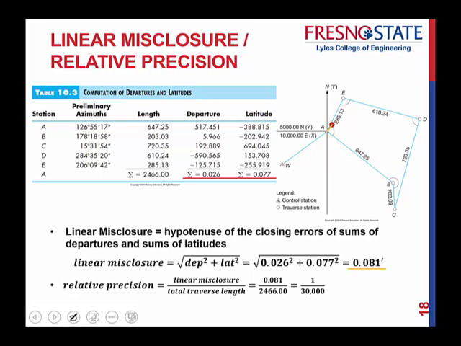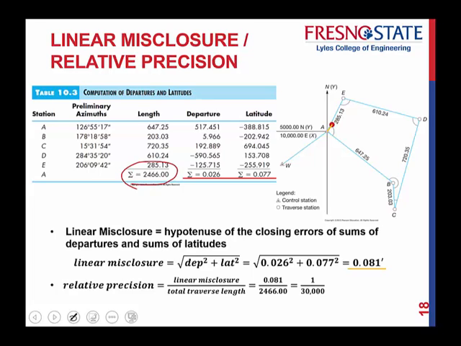Relative precision. We've talked about this in previous lectures, giving you an idea of how well we do on certain distance measurements or anything overall. This is not how well you did on your distance. It should have ended up at A, but we didn't, based upon that 0.08 of a foot that we misclosed. Relative precision is taking that linear misclosure and dividing it by the total traverse length that you went. Remember, we're not dealing in angles here, we're dealing in distances.